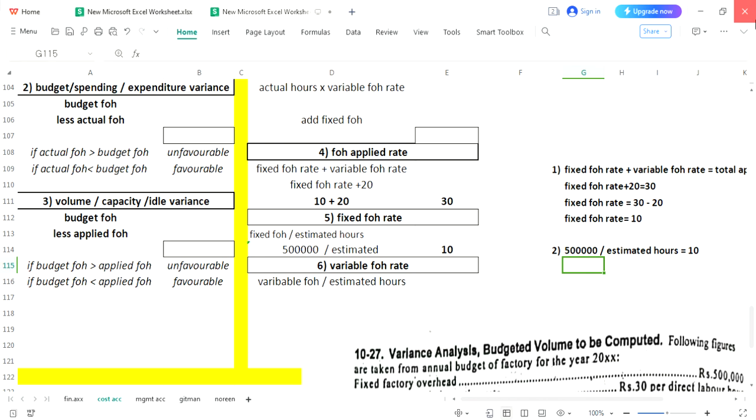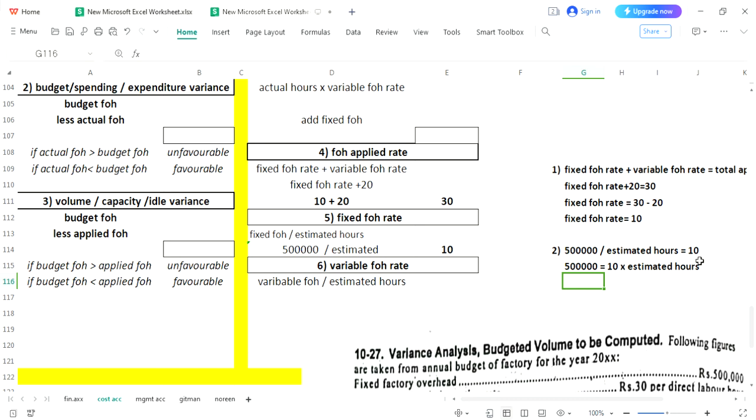Here you can see estimated hours are divided on the left side of the equal sign. You want to take these estimated hours to the right side. If it is divided over here, then you will take it to the right side. Then the sign would be changed and it would be multiplied. What would be left over here? Just 5 lakh, and then equal to 10 was already present over here. So you will write 10, and estimated hours which were divided over here, if you take them to the right side, would be multiplied.